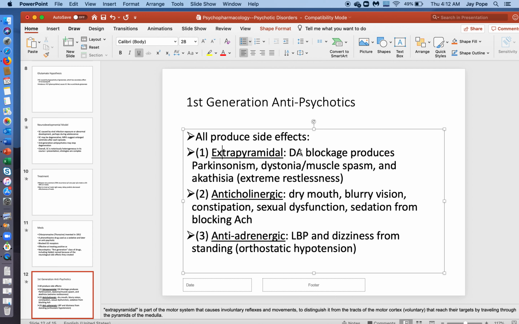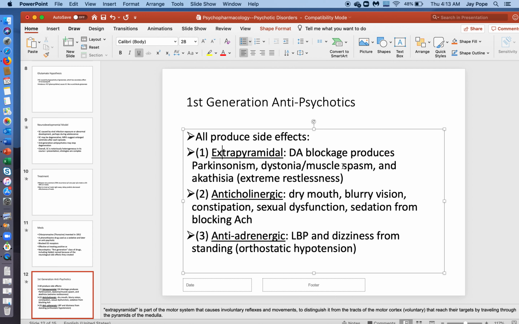And these are side effects that are associated with blocking dopamine that causes that Parkinsonism type movement. It also causes some dystonia, which just means that you're not showing as much rigidity in your muscular skeletal system, so you're not able to clench as strongly, you're not able to have good muscle tone, and you're kind of limp in your posture.